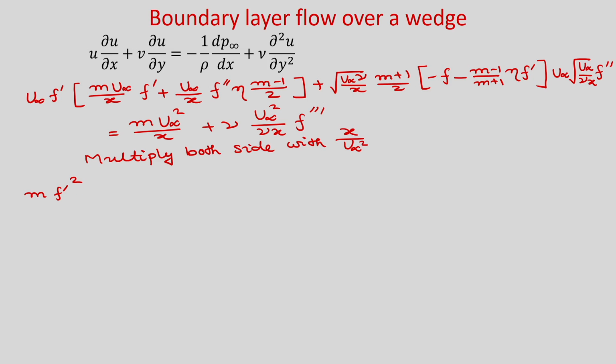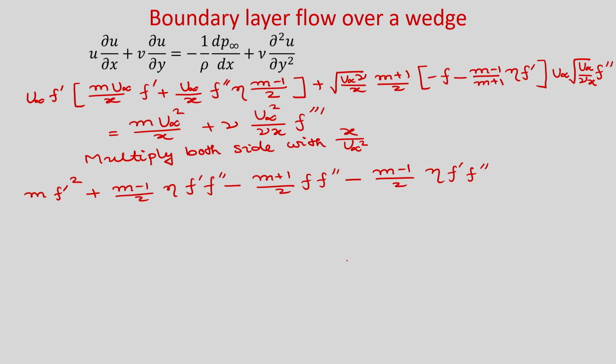So, if you multiply this with these terms plus m minus 1 by 2 eta f prime f double prime minus, so here you can write m plus 1 by 2 f f double prime, then we will get minus m minus 1 by 2 eta f prime f double prime and equal to, here you will get m plus f triple prime.